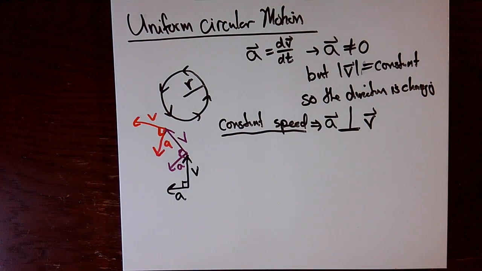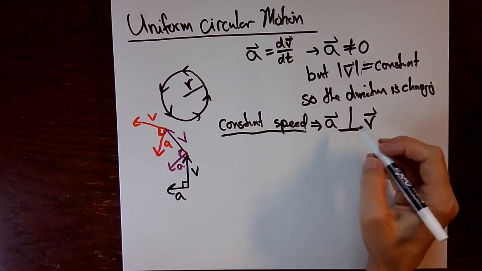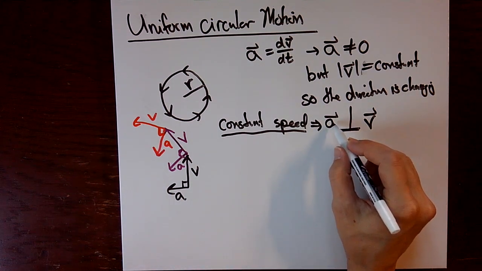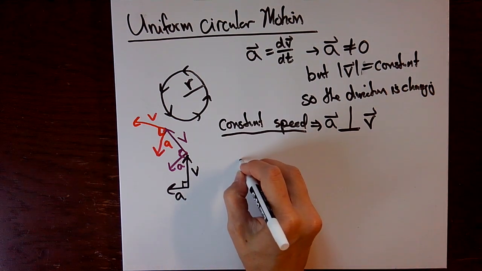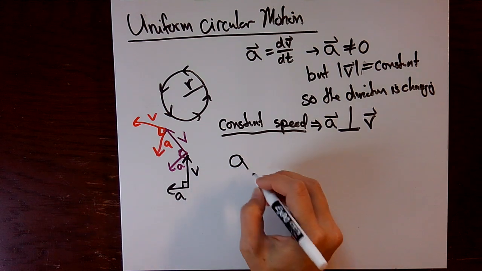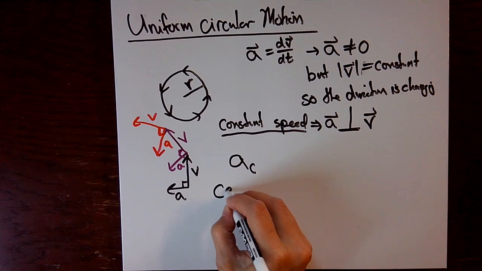And that means we always know the relative directions of acceleration and velocity, but we can also come up with some equations. So if we have a situation like this, we call this acceleration centripetal acceleration.